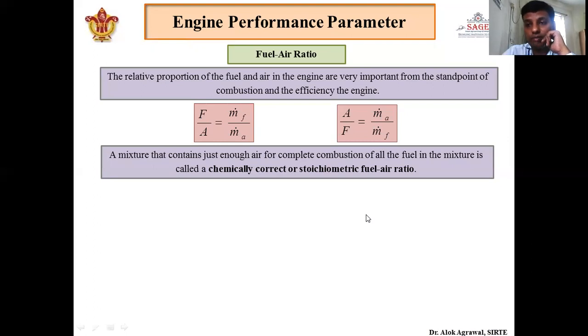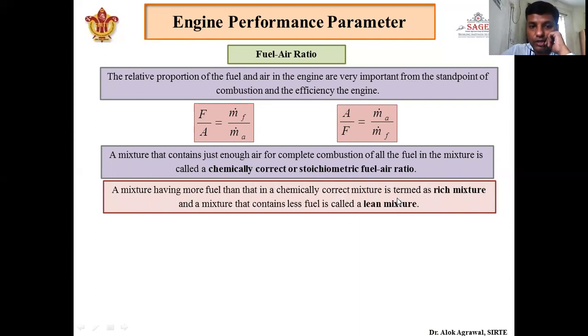This is the exact amount of fuel and air required to burn the given quantity of fuel. Now, if in that mixture we increase the quantity of fuel, we call it a rich mixture, and if we reduce the quantity of fuel relative to the stoichiometric fuel air ratio, we call it a lean mixture.